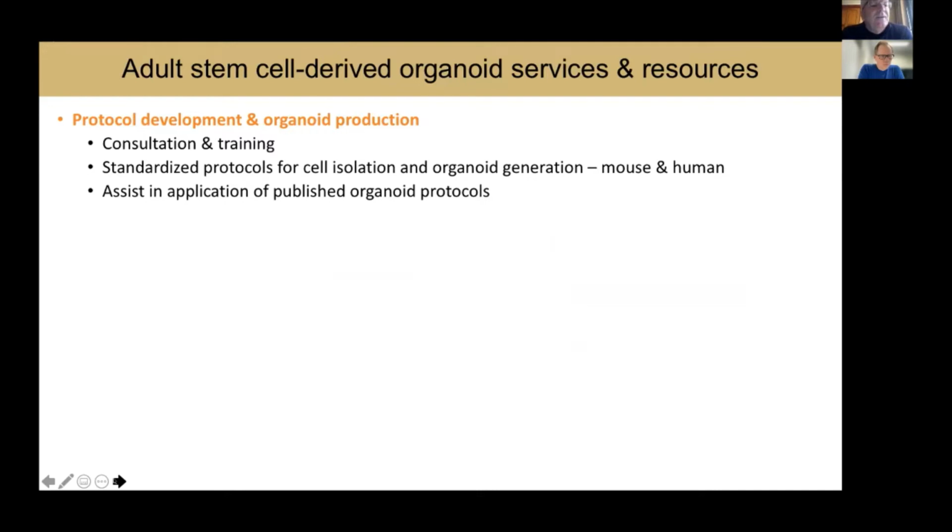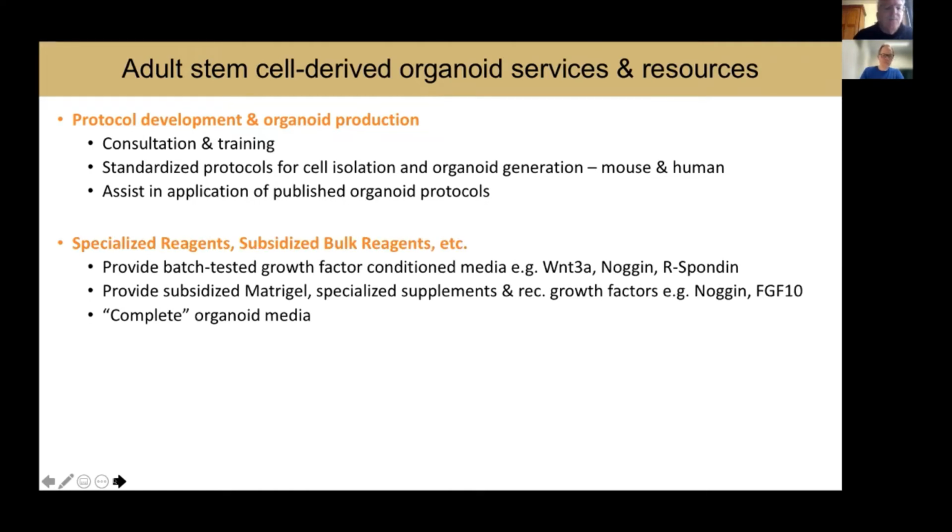And in general, it's more about published protocols that are well established. We're not really helping develop new protocols. That for us is more a research project, but we can provide all the reagents to help you do that if you're interested.